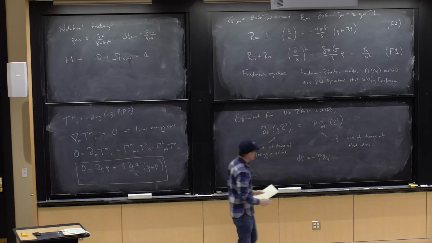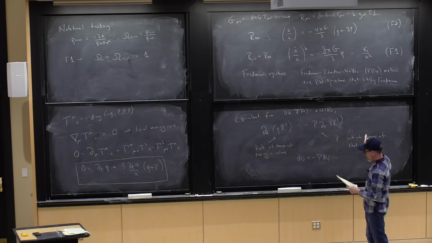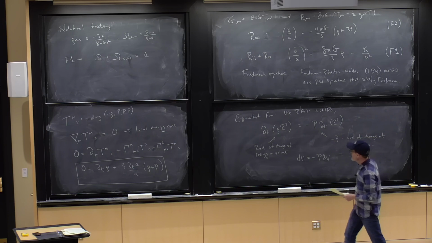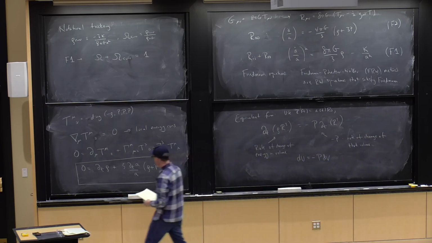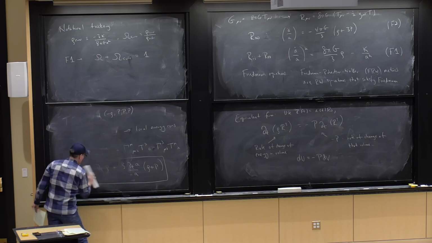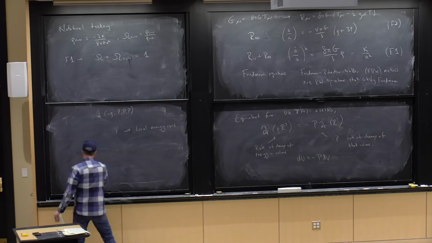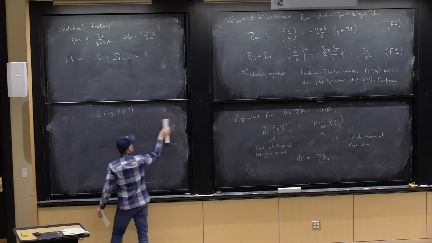Okay, so the equations that we are working with here involve the pressure and the density. I haven't said too much about them so far. If I want to make further progress, I've got to know a little bit about the matter that fills my universe.